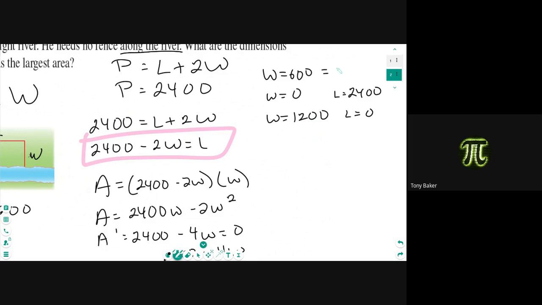And the 600 one would be what? Length would be what? 1,200. Because put 600 into that, I get 1,200. So we just need to find my area of each of those.